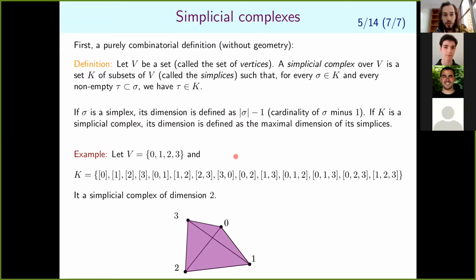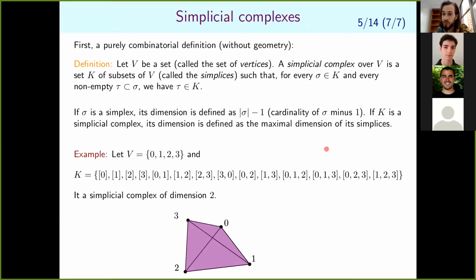Okay? For instance, the edge 1, 2 has dimension 1, equal to 2 minus 1. This makes sense because an edge, topologically, is a topological space of dimension 1. A triangle has dimension 3 minus 1, 2.